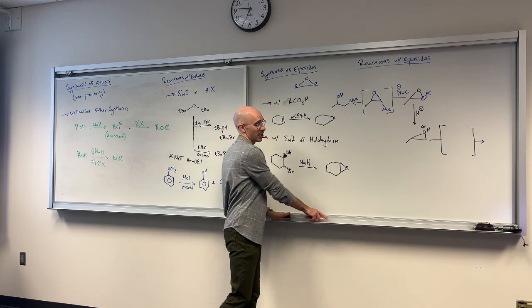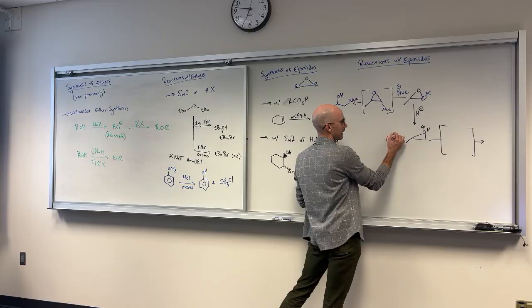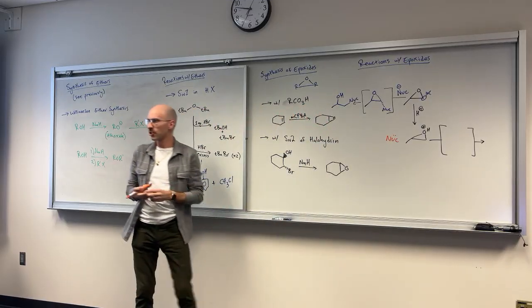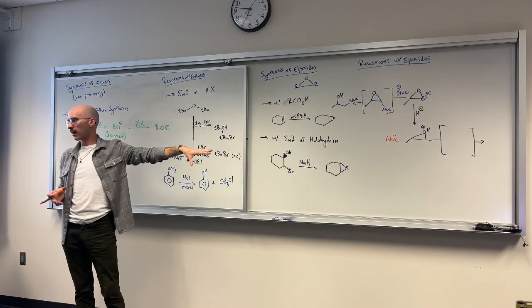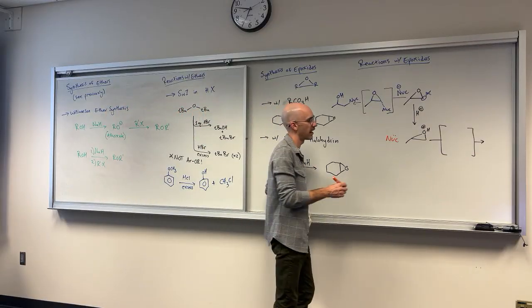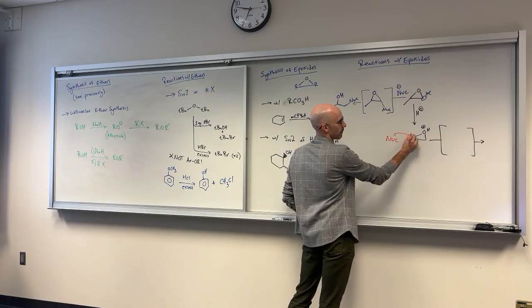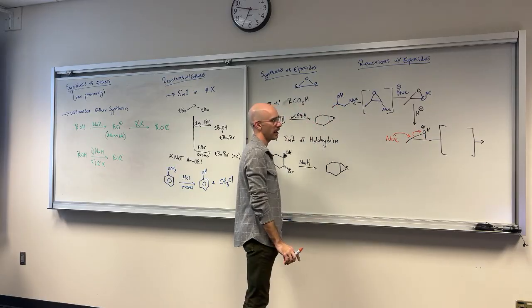In acidic conditions, my nucleophile isn't nuc minus. We're in acidic conditions, so I'm just going to show a lone pair. It's a neutral compound more often than not. And because this bond is already stretched, this is the easiest bond to break.